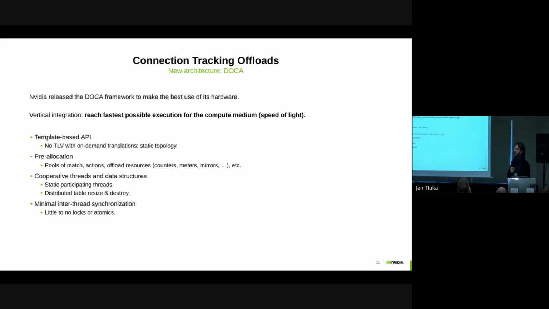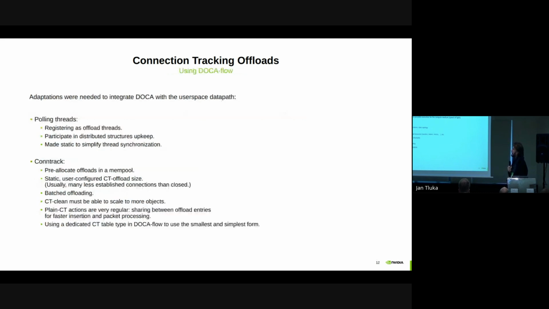Also, you have a cooperative thread model where you use distributed data structures where all of the threads participate in modifying the internals of those data structures for resizing and destroying. As a result, you end up with a framework that does absolutely no locking and very little atomic synchronization between the threads. But what does it mean when you try to adopt this framework in the user space data path?